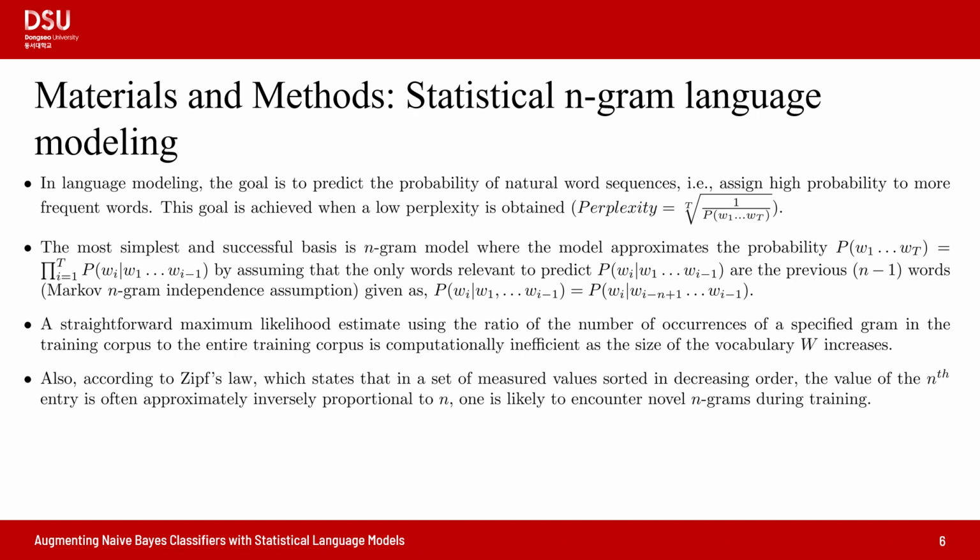This is also backed up by Zipf's law, which states that in a set of measured values sorted in descending order of their rank, the value of the nth entry is often approximately inversely proportional to n. So this also backs up the previous statement that we made in the last point. One is likely to encounter novel n-grams during training.